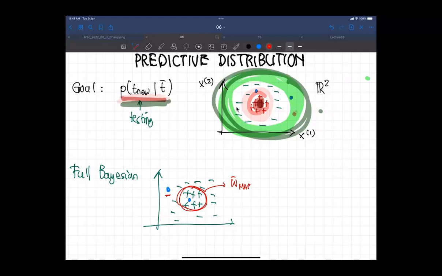You only know that it's positive or negative. But in the predictive distributions, you know the intensity of the color of that location. So for that reason, predictive distribution is much more powerful than full Bayesian. Is it understandable?